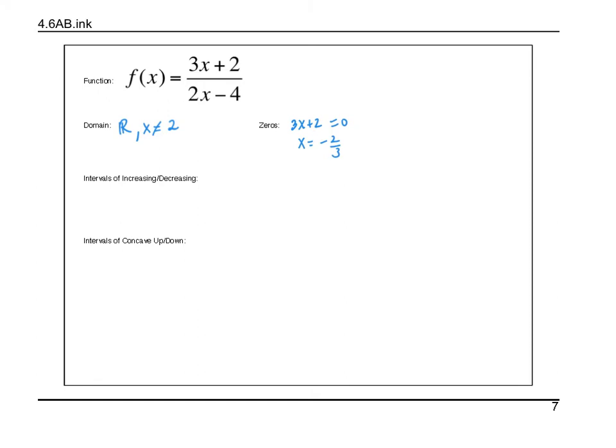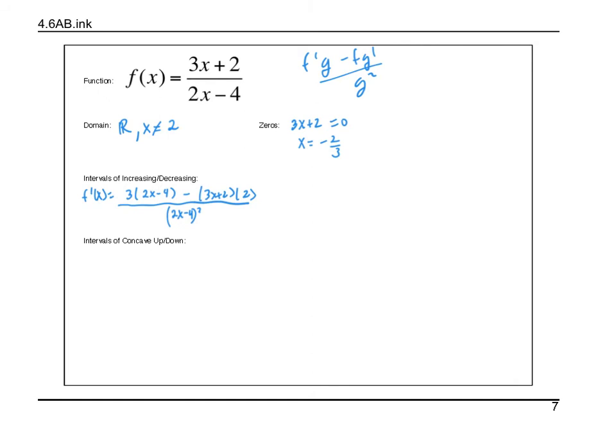Increasing, decreasing, so we need our first derivative, and we need to remember that we're using quotient rule. F prime g minus fg prime over g squared. So the derivative here is going to be 3 times 2x minus 4 minus 3x plus 2 times 2 over 2x minus 4 squared.